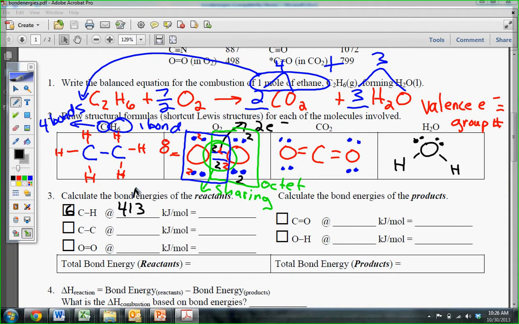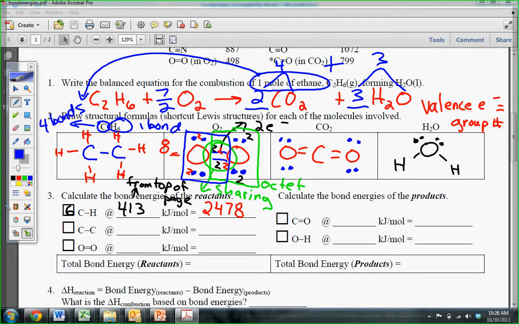So this is from the top of the page, for those of you not here. All right, so 6 times 413 gives us what? Okay, very good.